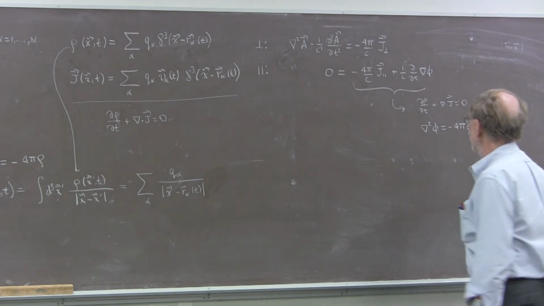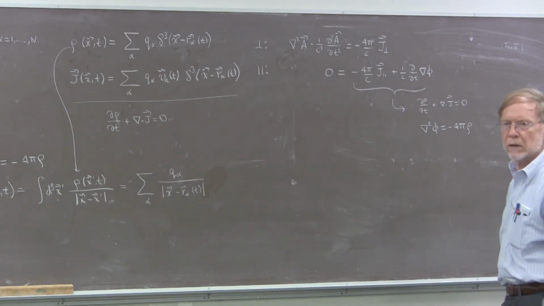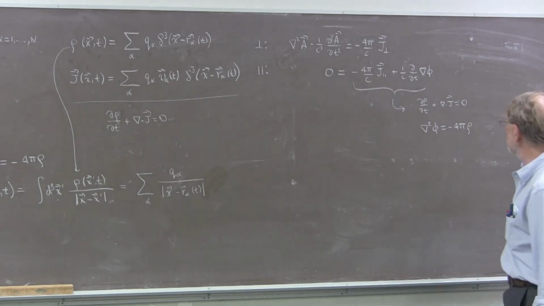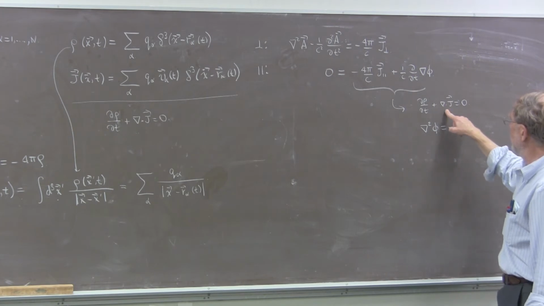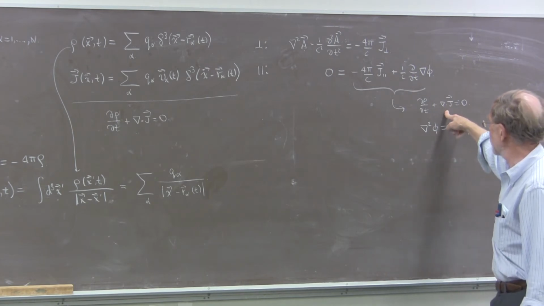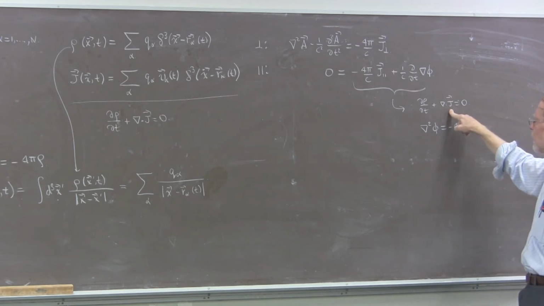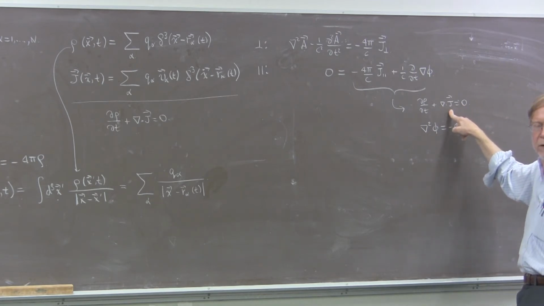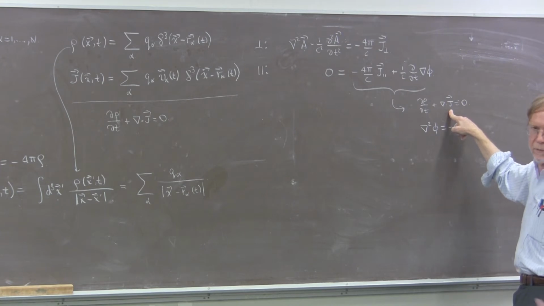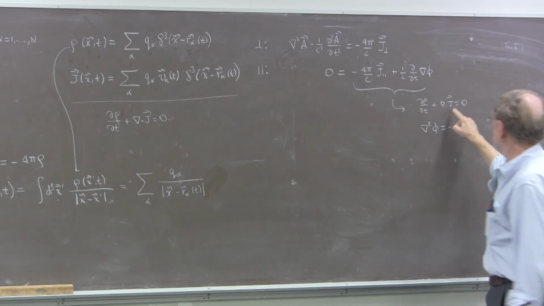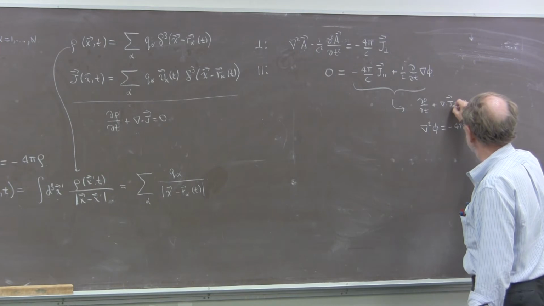By a simple analysis that I won't repeat here, it's in the notes if you want to see the details. But I'll just point out that if you take the divergence of J, which of course appears in the continuity equation, and break J into its longitudinal and transverse parts, the divergence of the transverse part is 0 because that's the property of transverse vector fields. So I might as well replace J here by its longitudinal component.